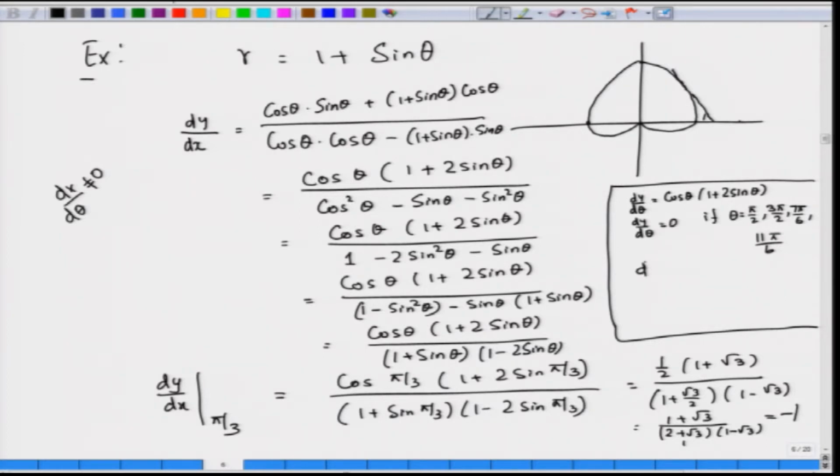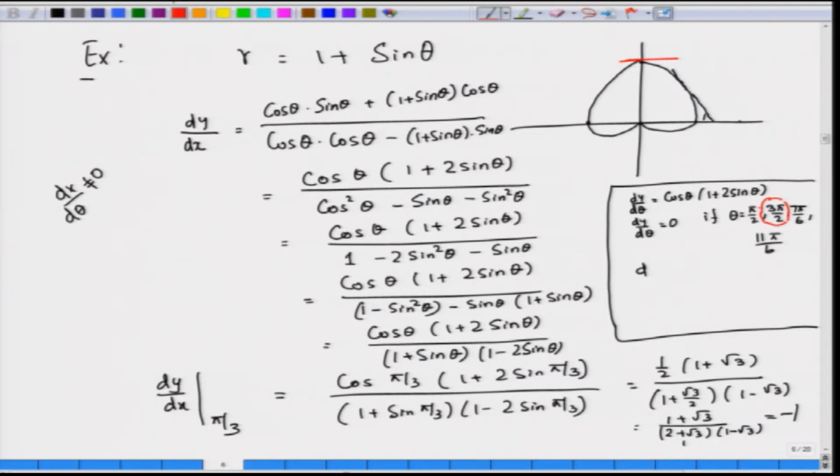Similarly, what do I get? At theta equal to pi by 2, dy by d theta is 0, so I am going to get a horizontal slope here. Now, when theta is equal to 3 pi by 2, let us wait for this.